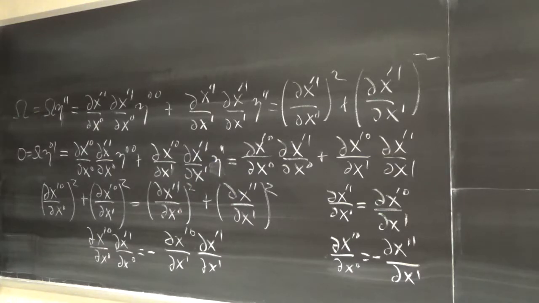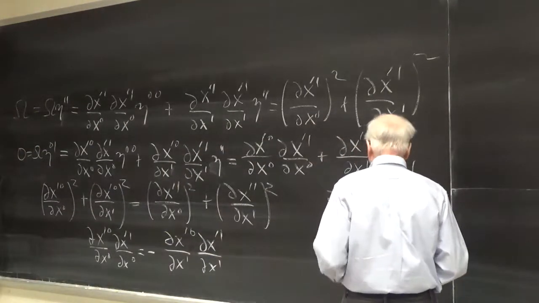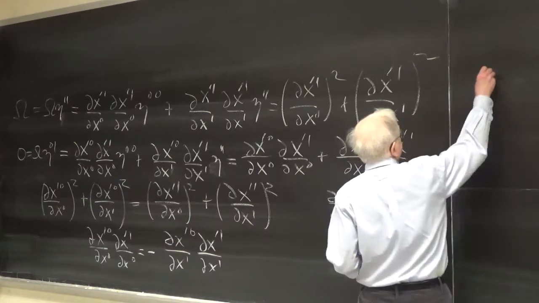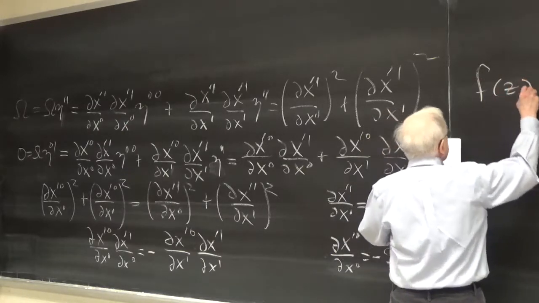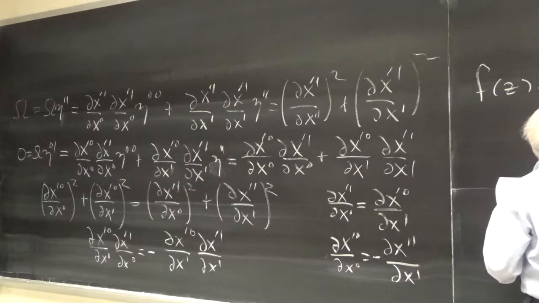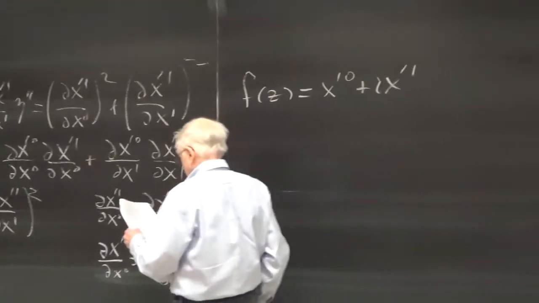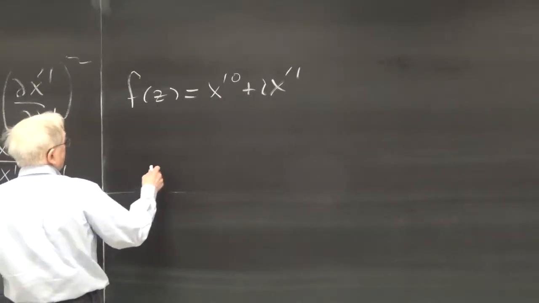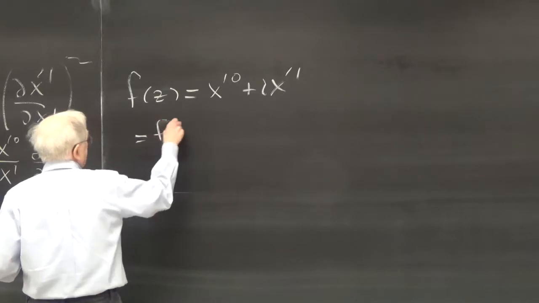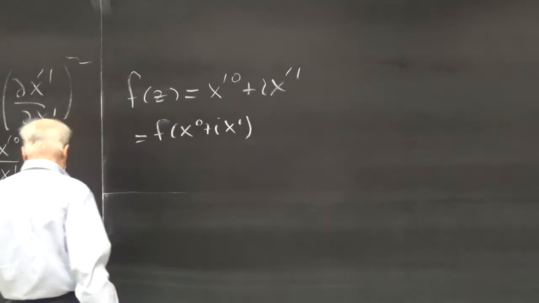And on the other hand, these are the Cauchy-Riemann equations, which say that a function f of z equal to x prime 0 plus i x prime 1 is an analytic function of f of x0 plus i x1.